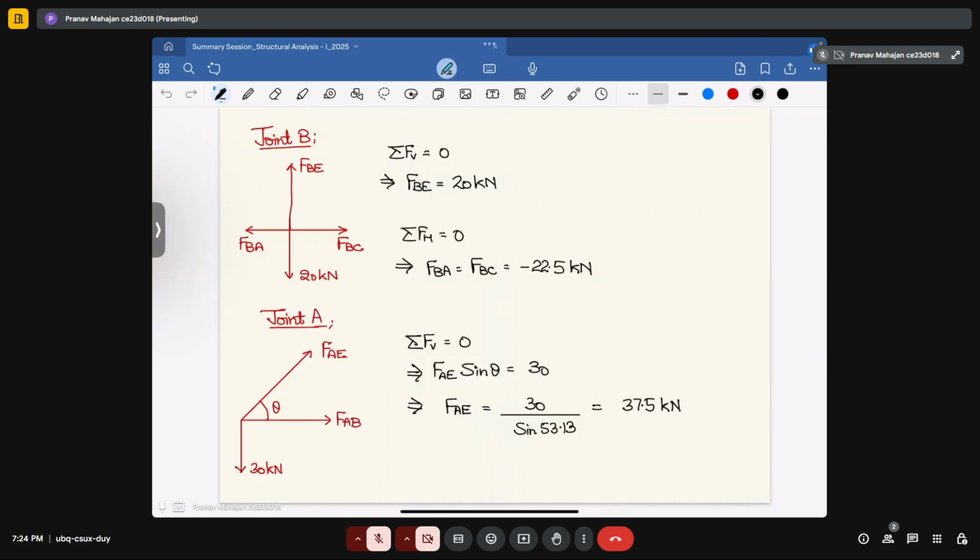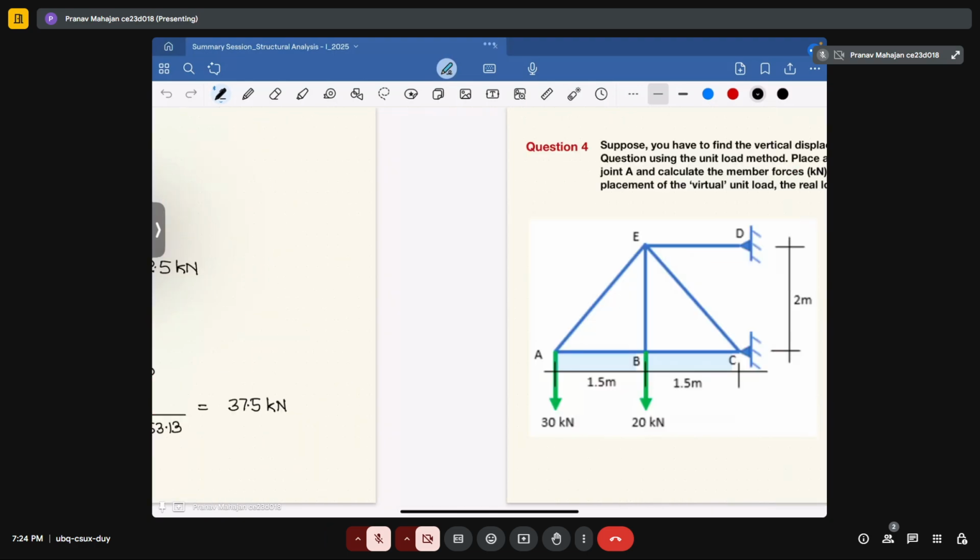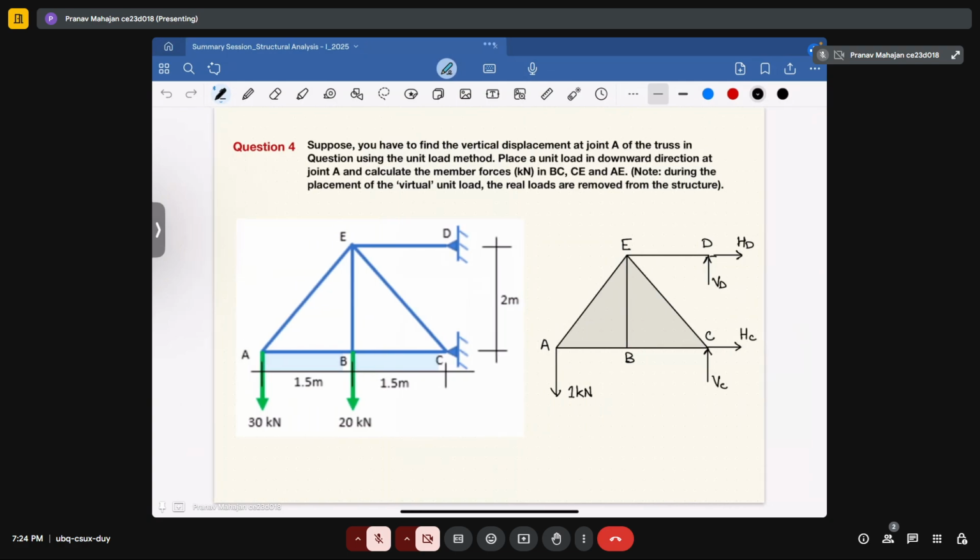After that, we will move to joint B and determine the unknowns there, BE and BA. Then we will move to joint A and calculate the rest of the unknowns in the truss.